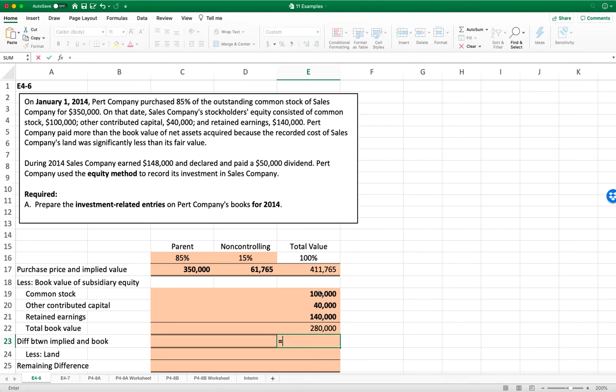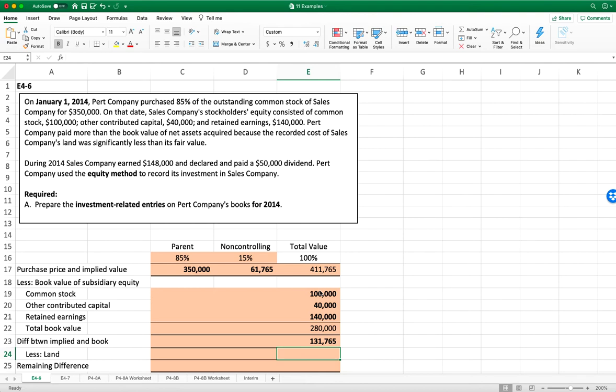So now we're going to compare our implied value, or the fair value of the entity as a whole, to the book value of that subsidiary entity. And we have a difference between implied and book of $131,765. So we were willing to pay more than book value by $131,000.